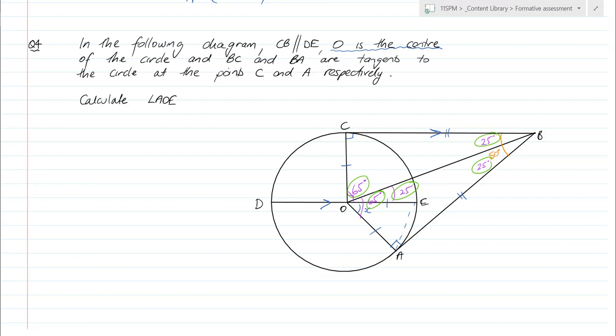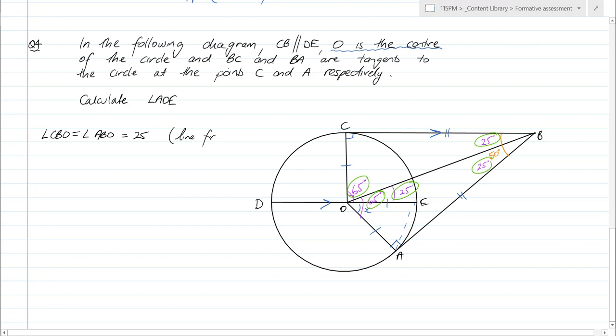So that's going to be my map. So I'm going to say angle CBO equals angle ABO equals 25 degrees, and the line from O bisects angle COA.